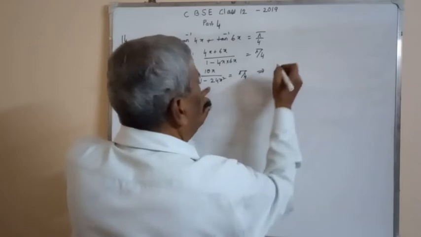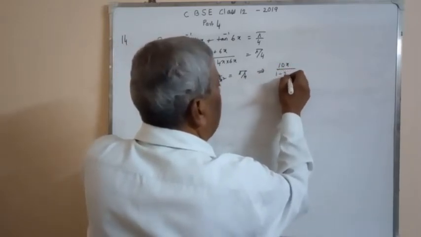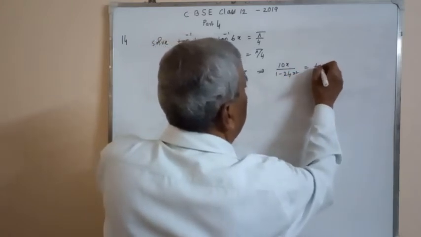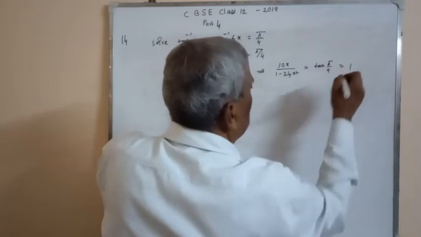That gives 10x by 1 minus 24x square is equal to tan of pi by 4, which is equal to 1.